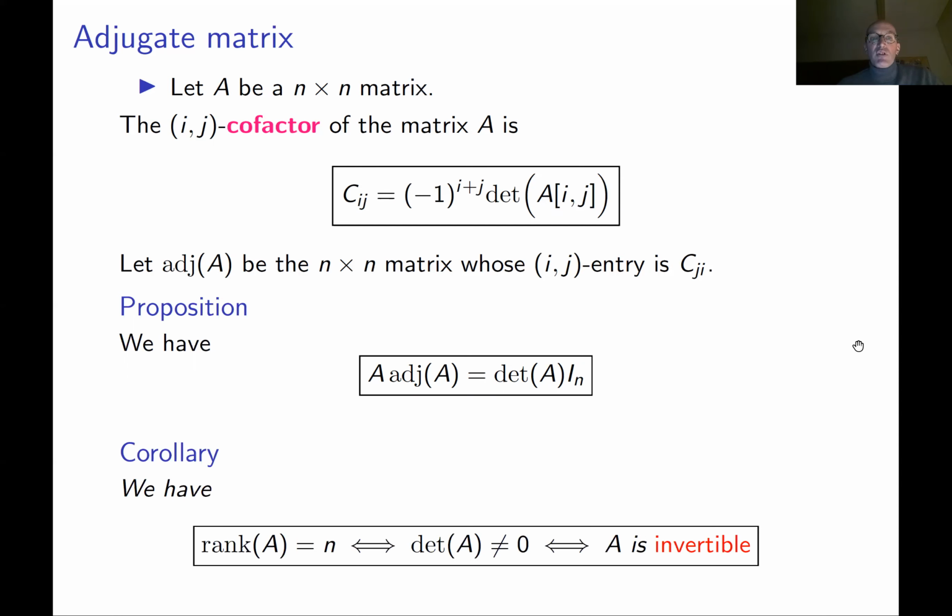And we have an immediate corollary of this proposition: matrix A is invertible if and only if its determinant is not 0. Since we already know that matrix A is invertible if and only if its rank is n, from the theorem on the first slide of this part of the lecture, we have this nice equivalent condition: A is invertible if and only if rank is n, if and only if determinant is not 0.